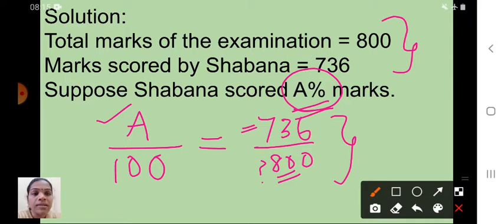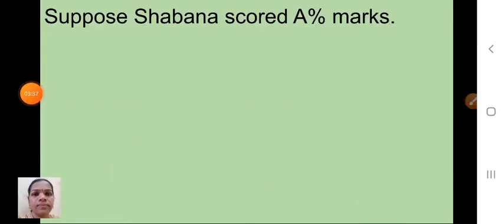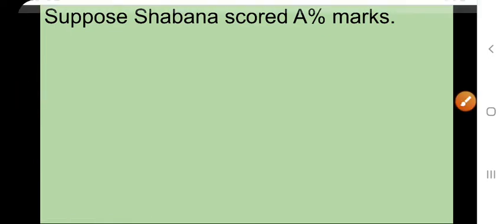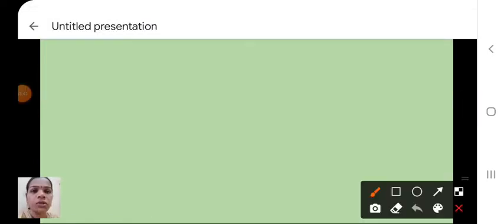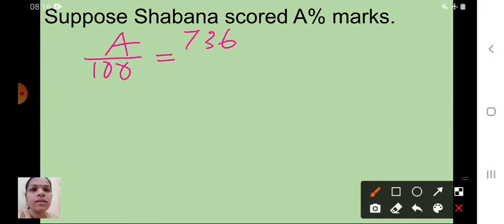Okay children, see here, I will write the equation: A upon 100 is equal to 736 upon 800. Now we have to solve this equation.